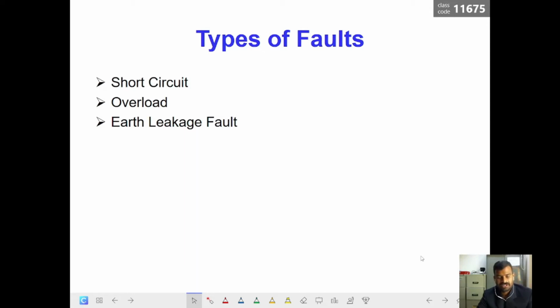And what is earth leakage fault? Earth leakage faults are very common. They occur when the line conductor makes physical contact with the body of the machine or an external wall or any external body which has a resistance, but current flow still happens through that body.